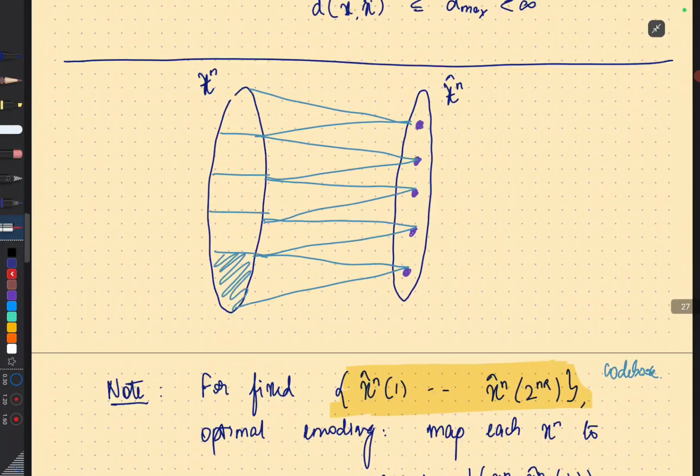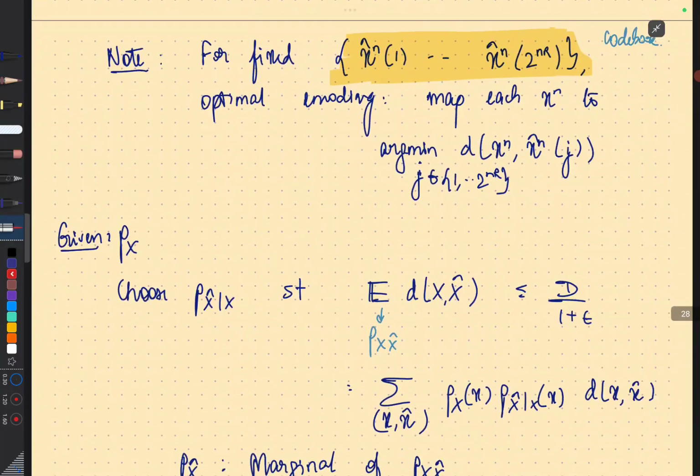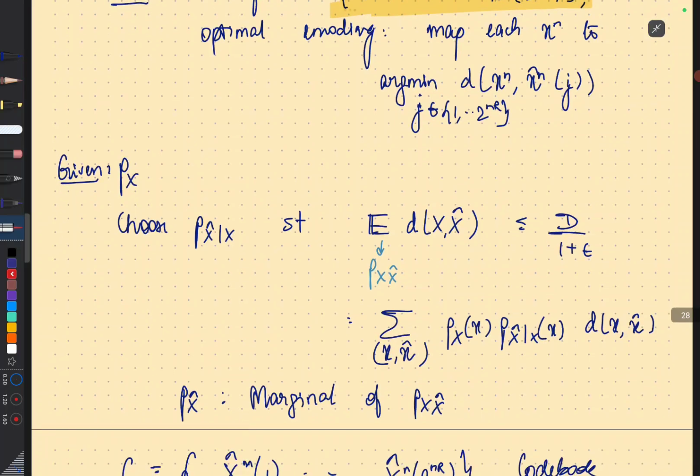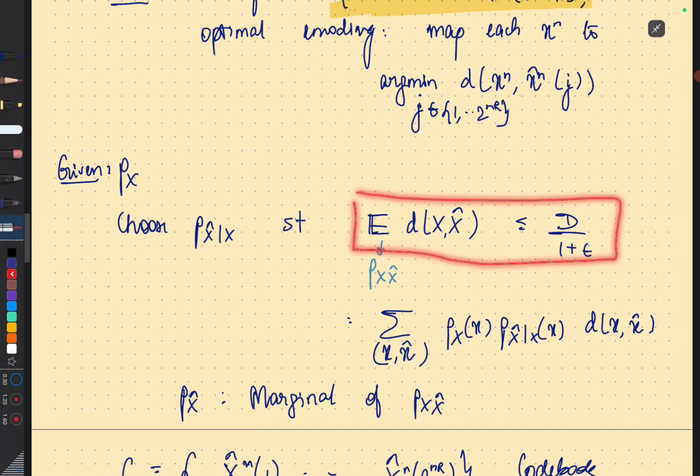So for this, we looked at a random compression scheme and found the rate that we can achieve using this random compression scheme. And this was done by choosing a conditional distribution P x hat given x, satisfying the expected distortion between x and x hat being close to d. That's our target distortion.